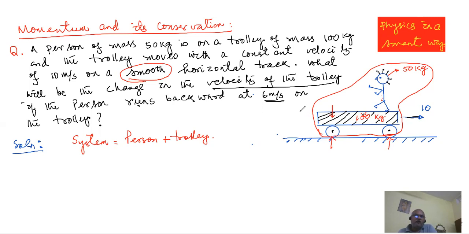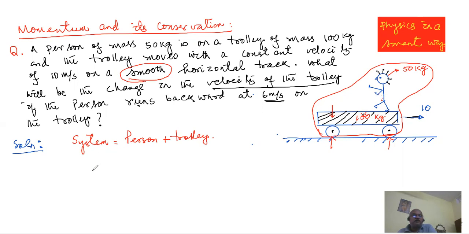So consider two states: state one, when the person has not started to walk, and state two, when he is now walking.